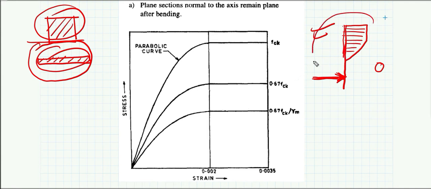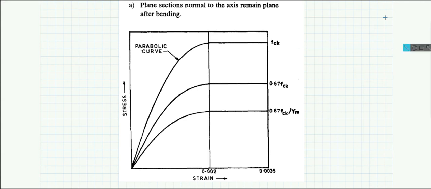Now from this diagram we can find out everything, all the equations that we need for designing a structure using the limit state method can be found from this particular diagram. So this diagram is very important. Now let's look into how we can find different parameters for design using this diagram.